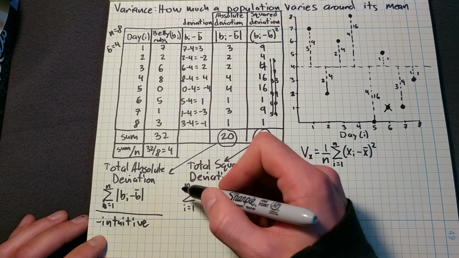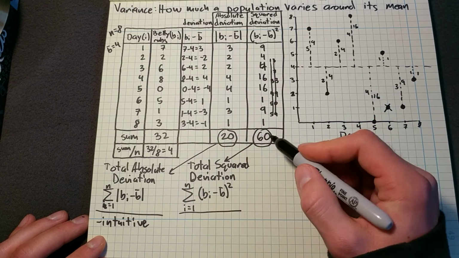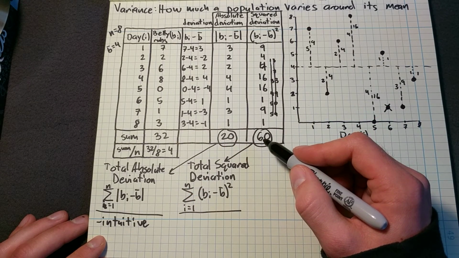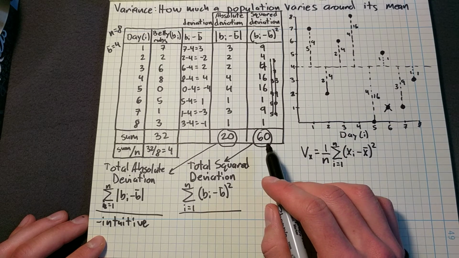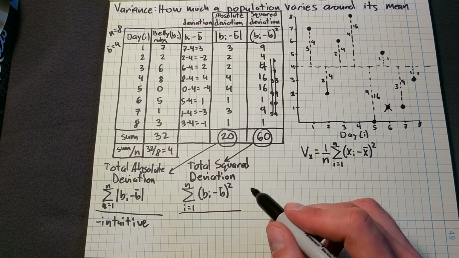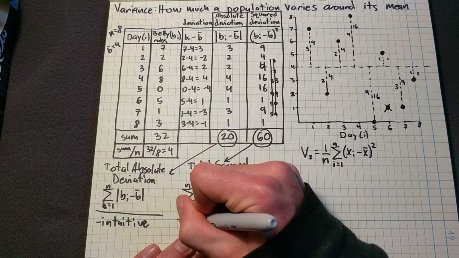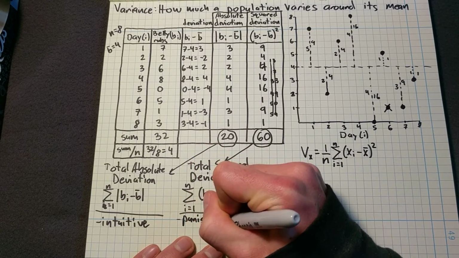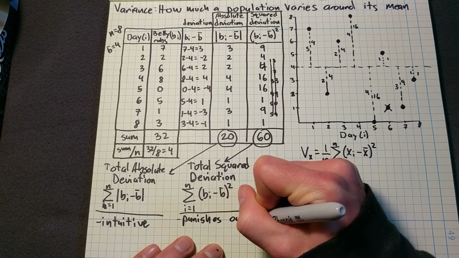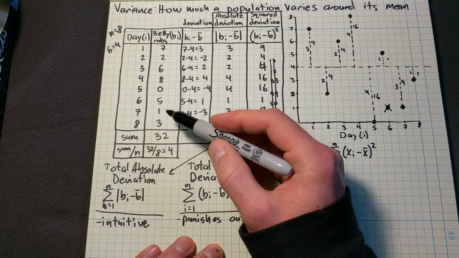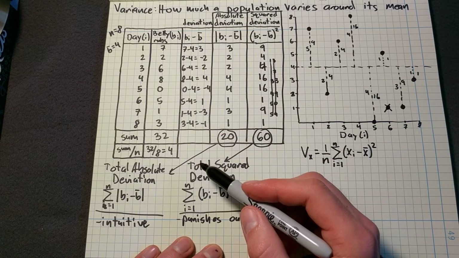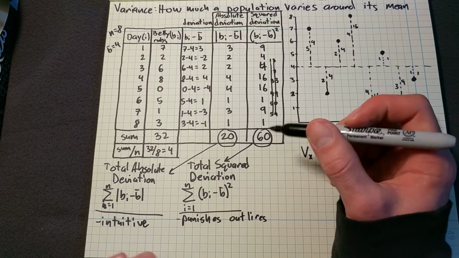The squared deviation doesn't make intuitive sense. And one thing to note about it is that it punishes outliers. What do I mean by that? So let's say that in my measurements of belly rubs, I had one day where I had, let's go with 54 belly rubs.